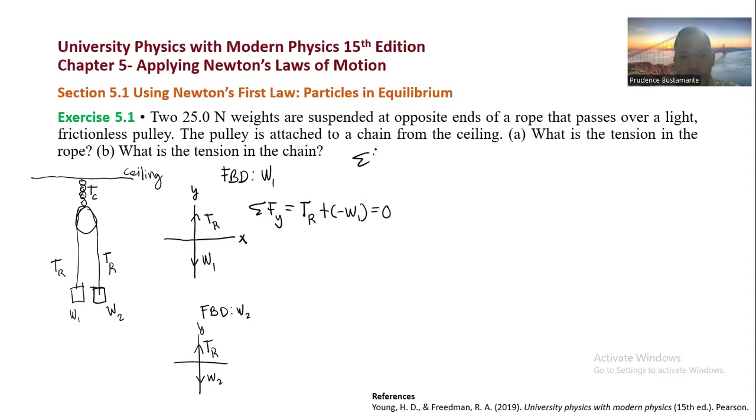If you recall, Newton's first law in equation form states that if the net force is equal to 0, then the object is in equilibrium, or in components, the x and y components are equal to 0, and if there is a z component, that is equal to 0 as well. Also for weight two, summation of Fy is equal to the tension R plus the negative of weight 2, equal to 0.